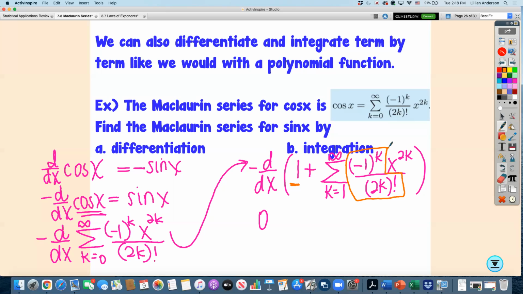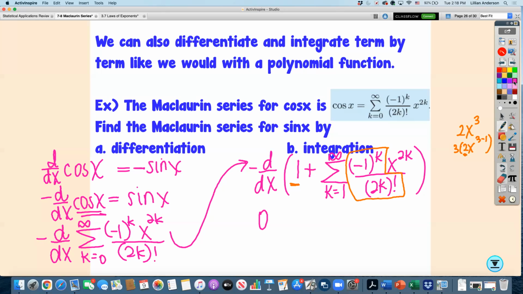So if you think back to when we first learned about derivatives, here's a simple one. How do I do the derivative of 2x to the third? How'd you get that? I do 3 times 2, and then I subtract 1 from my exponent, correct? We don't do anything to this original constant, right? So because we don't do anything to the original constant when we're taking the derivative, same rules apply here.